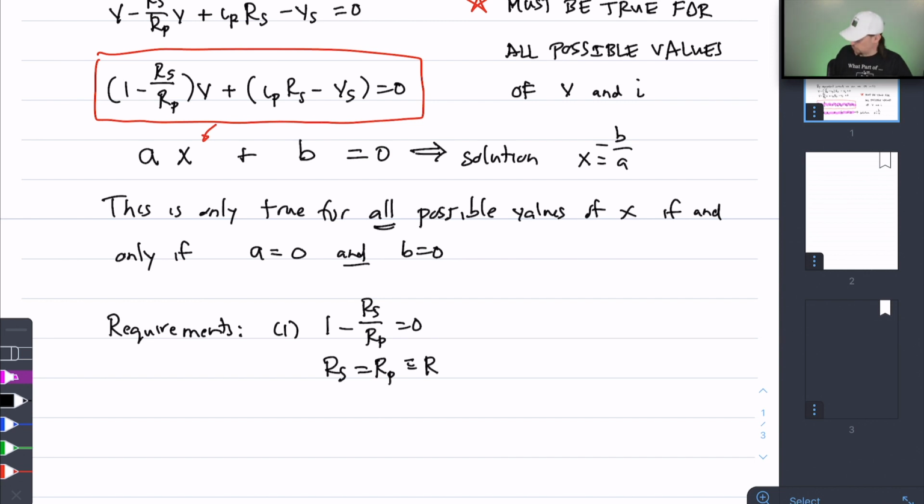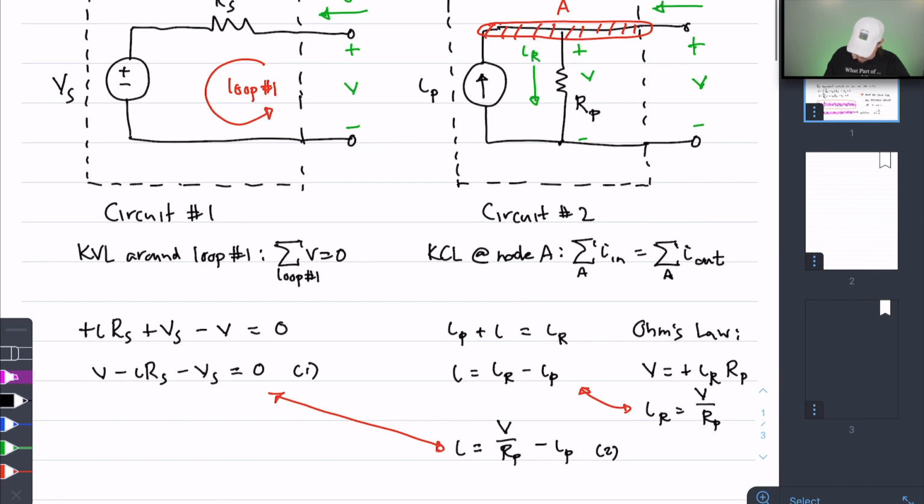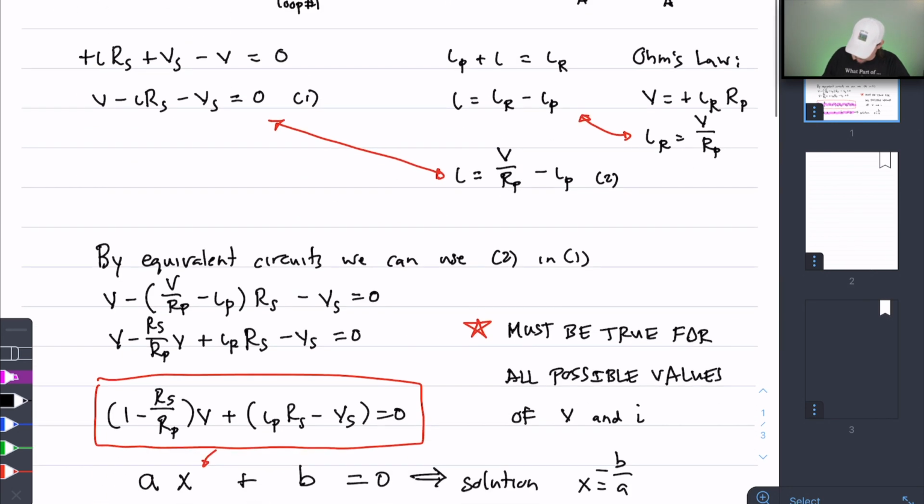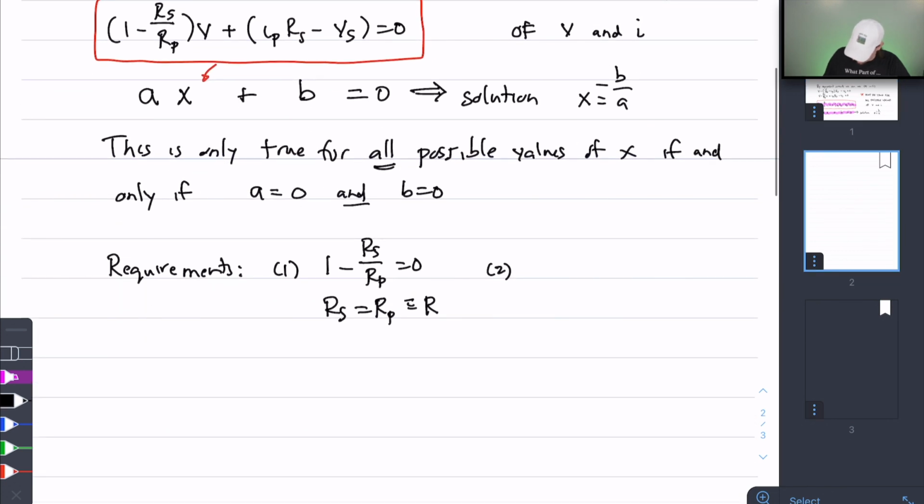And since they're going to be equal, I can just define that as a single variable R. So that's the first requirement. And the second is there's a relationship between the voltage source in the first circuit and the current source in the second circuit. It kind of looks like Ohm's law. It's that I sub P times R sub S minus V sub S equals 0. Or using the first result, equation number 1, it is that V sub S is equal to I sub P times R.